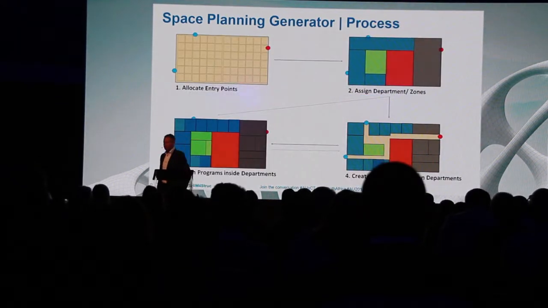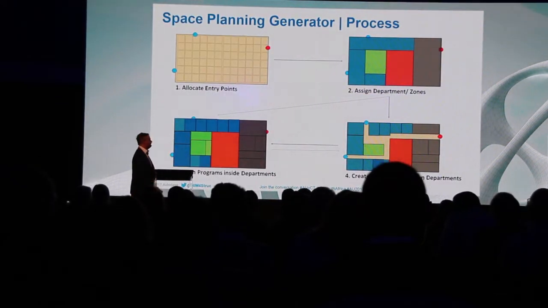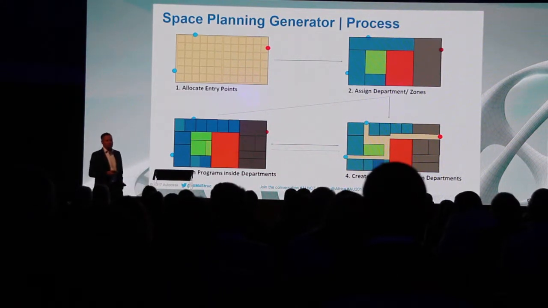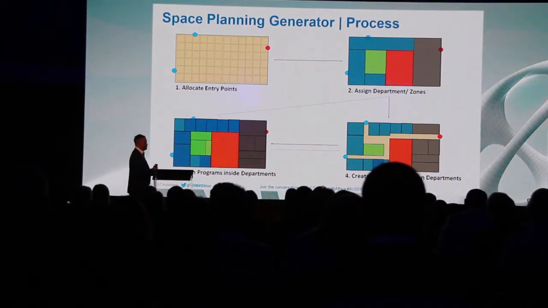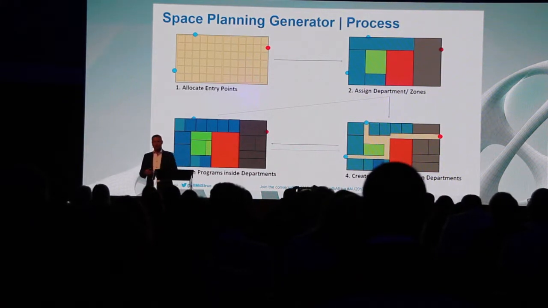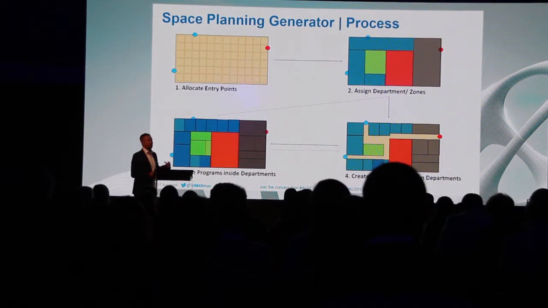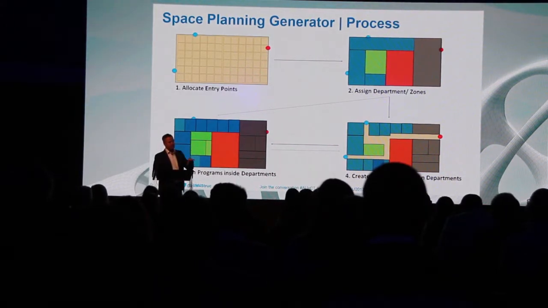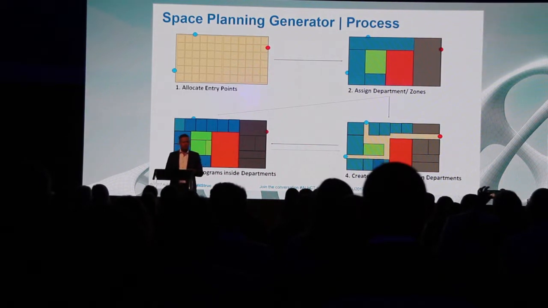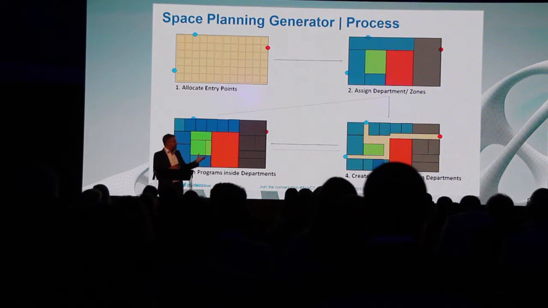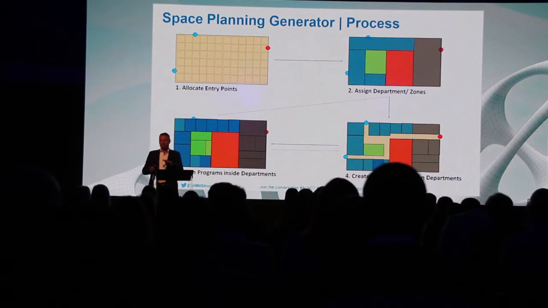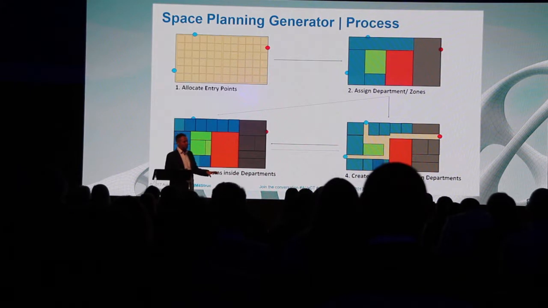Now the process of this whole space planning starts with allocating your entry points. That's where you indicate where you can enter the building, for instance, where you can exit the building, or where you need to exit the building. Then, the second part is where you assign the departments, where you can choose where to combine specific compartments, like where is the OR, where is reception, and so on.